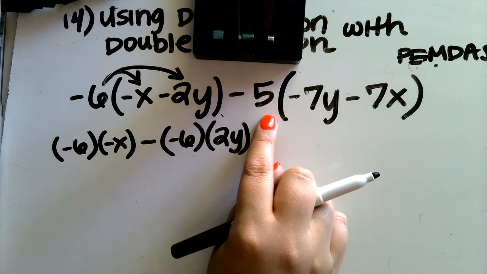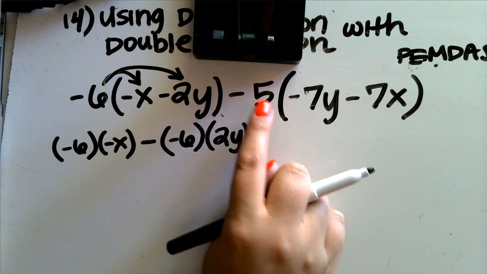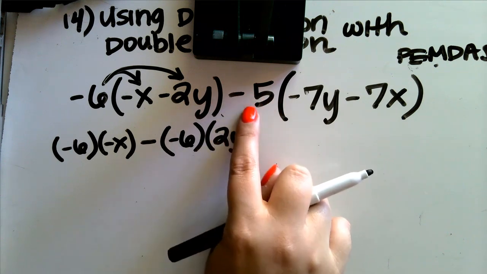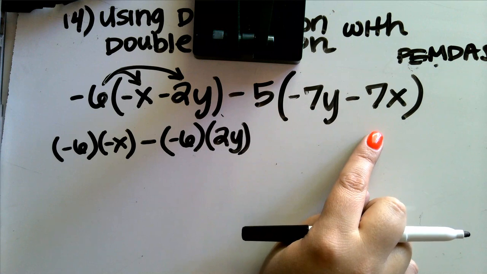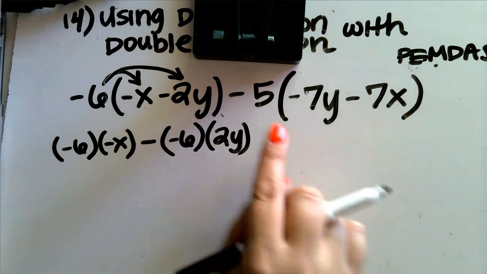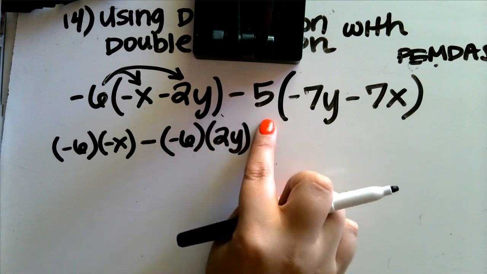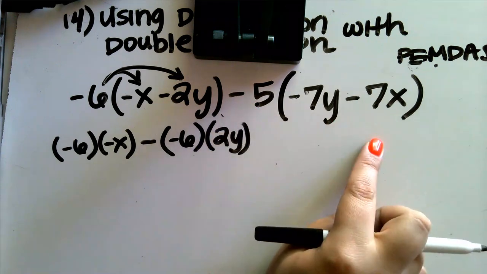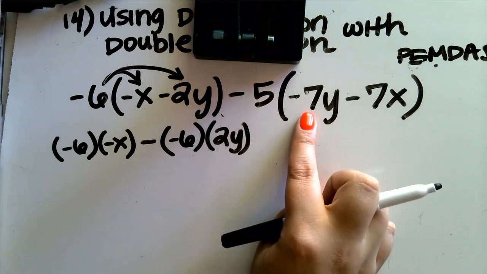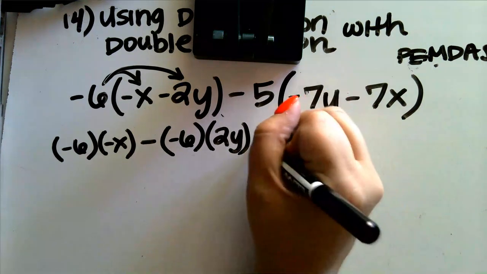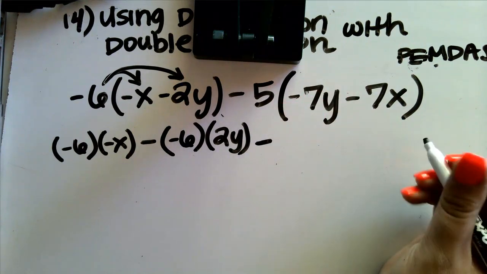We can either, option 1, go ahead and write this as an addition sign and then include the negative into both terms like we did in the last problem, or we can keep the negative, but then we need to just distribute in this +5. Let's go ahead and do it that second way. This is different than the last version that we did.